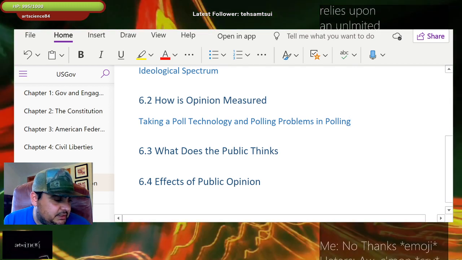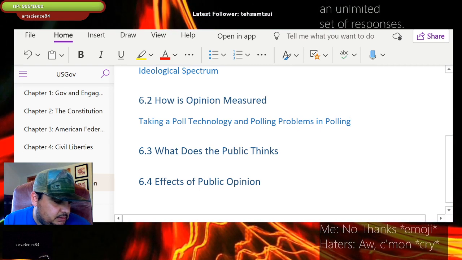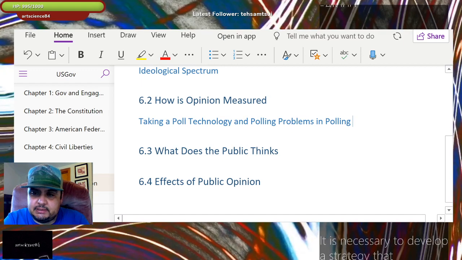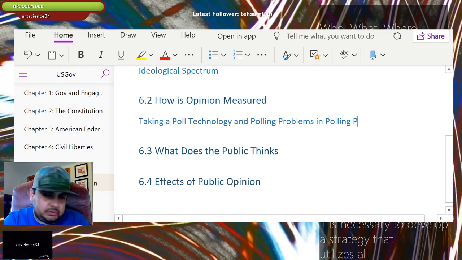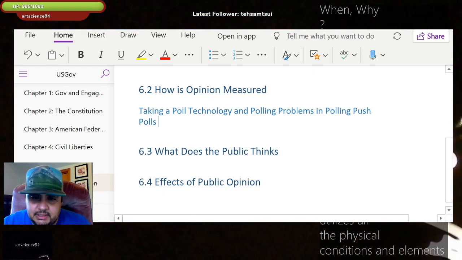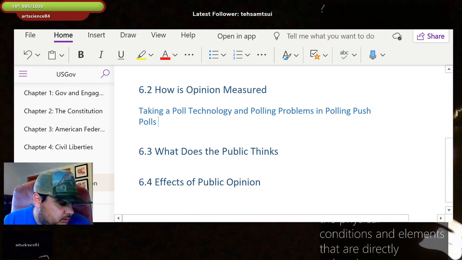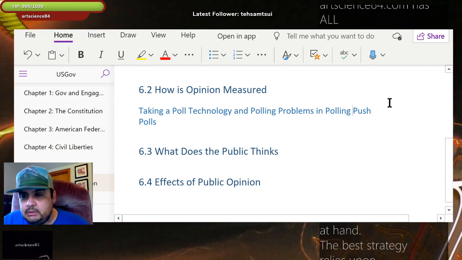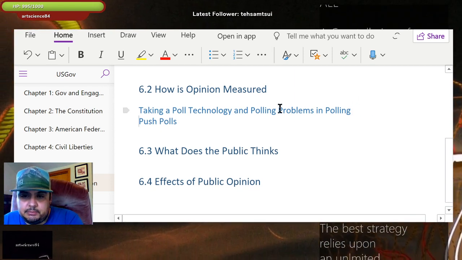That's probably a significant piece of data that I should read thoroughly and take down in my notes. Push polls is probably a kind of poll different than a general poll, and those are all the main talking points.